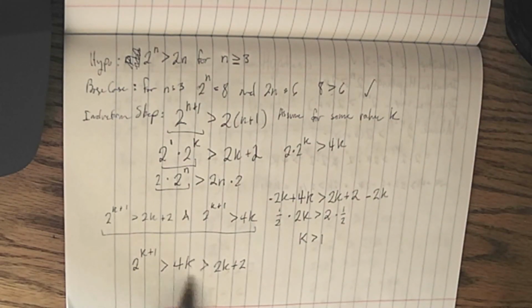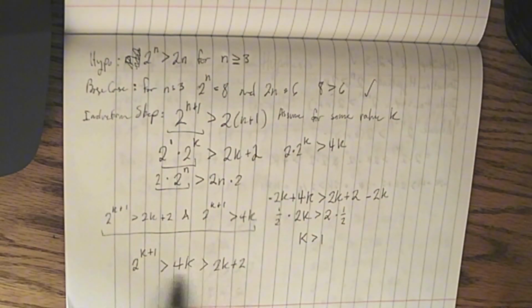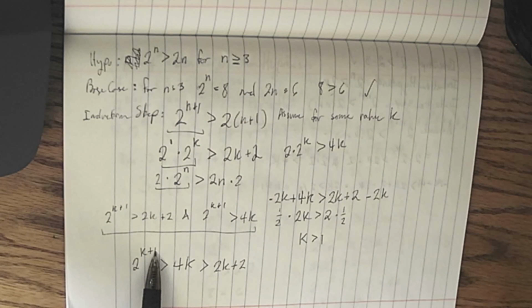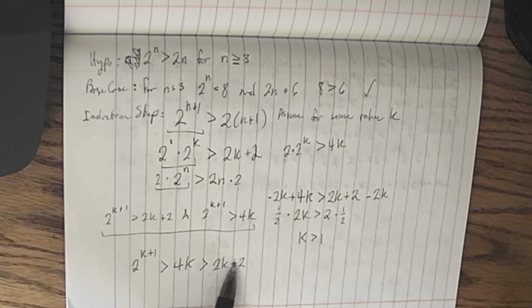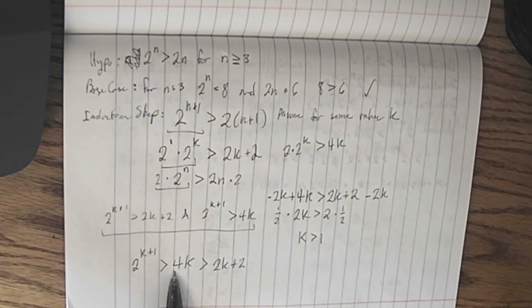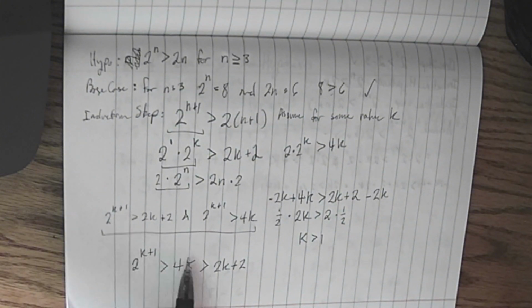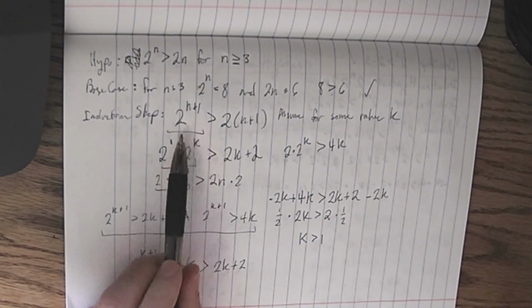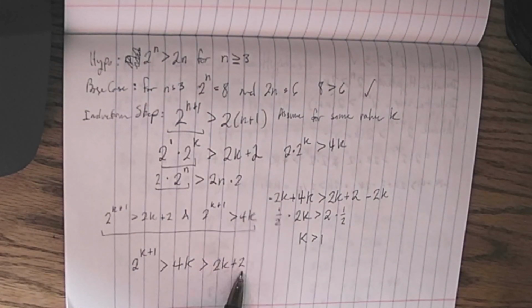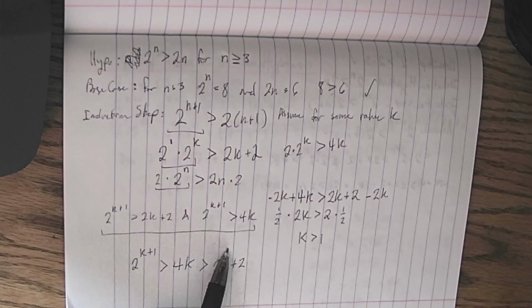So here we can see by proof of induction, 2 to the power of k plus 1 is in fact greater than 2k plus 2 using the hypothesis. The hypothesis defines this to be true, and the hypothesis plus our induction step assumption proves this to be true, and the whole thing. So there we go.